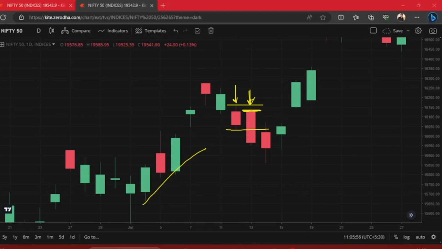Now, what are we going to look at? This is our second criterion. Once the market has opened, our view is going to be as per the previous day's sentiment. So in this case, today we are discussing bearish entries. Yesterday, which means the previous day, the candle was a solid red with a little bit of a wick on both ends.